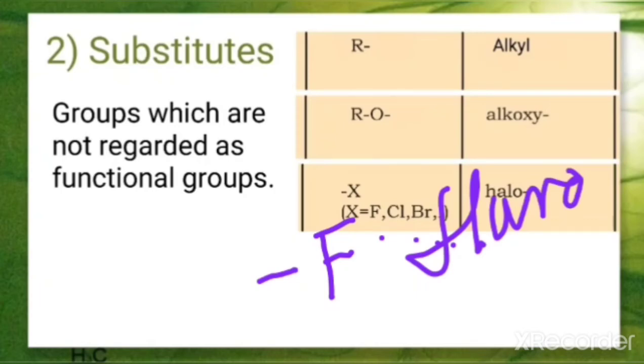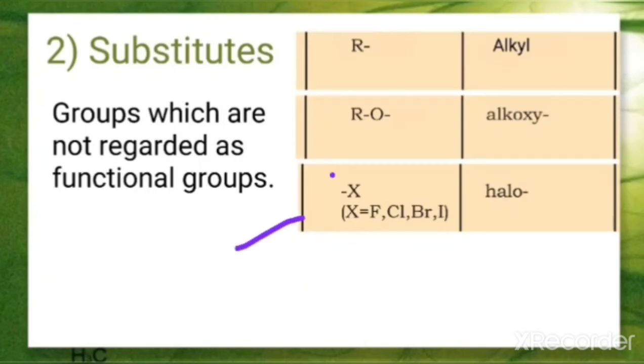We'll be giving the name fluoro for this. In general we use the name halo, but particularly if F is there, we'll use the name fluoro. If Cl is attached to the organic compound, then it is called chloro.